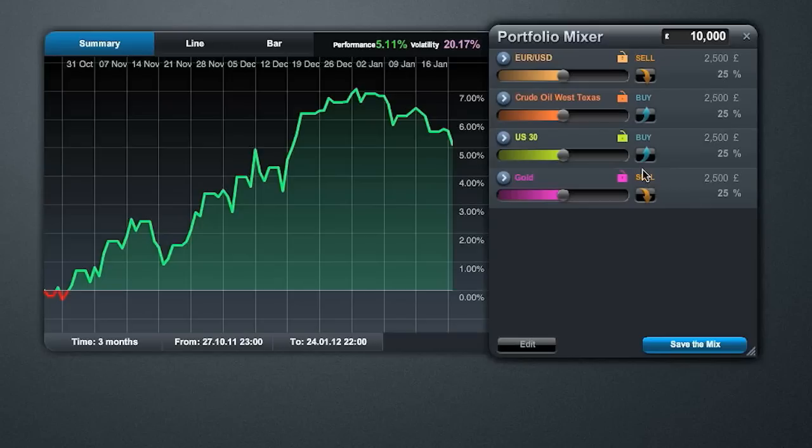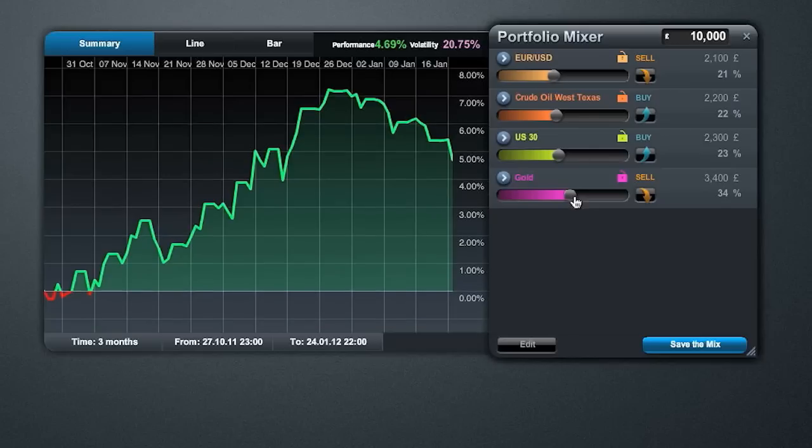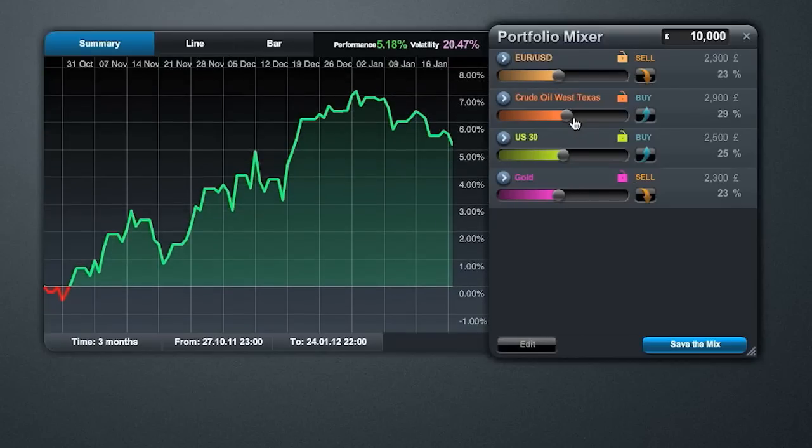However, if there's something you're more confident in, say a gold trade, you may move that up to 30 or 33 or 35%. That brings the other ones back down, and you may decide you want to increase crude oil up to 30% as well. It also gives an example of how you can change the mix and the volatility and the performance of your portfolio across asset classes.